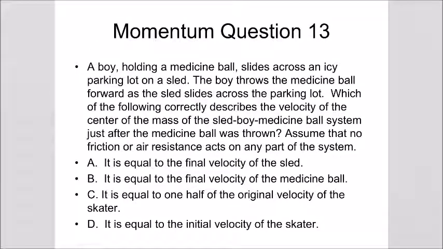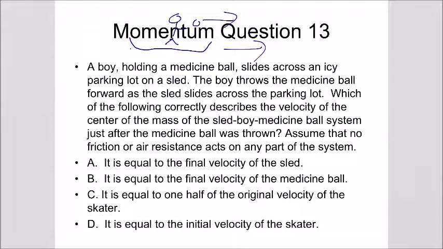Next question. A boy holding a medicine ball slides across an icy parking lot. The boy throws the medicine ball forward as the sled slides across the parking lot. So let's say this is the sled. You've got a boy up here. And the boy throws a heavy ball, a medicine ball, the same way in which he's moving.